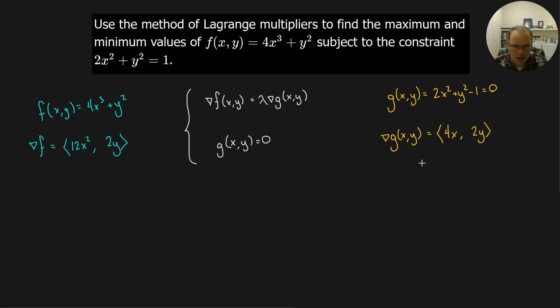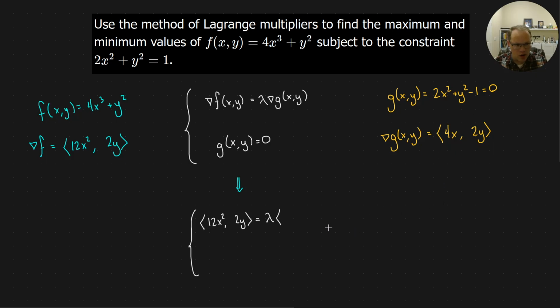Okay, so let's plug in what we have here. The gradient of f, we just calculated, is 12x squared, comma 2y. And that should be equal to some multiple lambda times the gradient of g, if we want to find the absolute maximum or the absolute minimum.